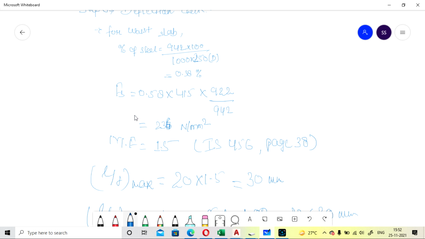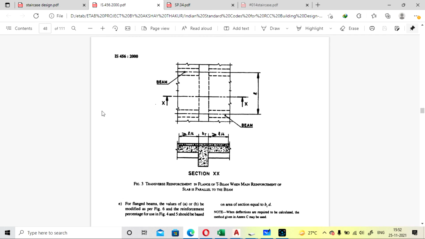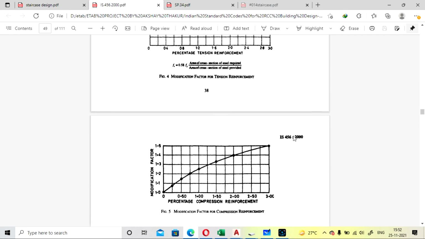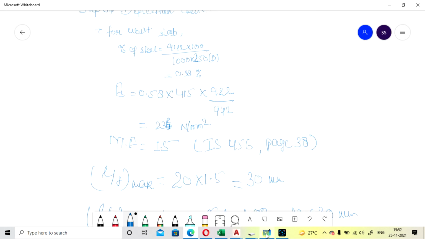It is mentioned in IS 456 on page 38. So this will be the table for the calculation of fs, and from this we can get the modification factor. Our percentage is calculated as 0.38 and our fs is calculated as 236.